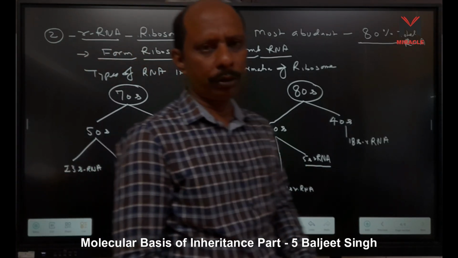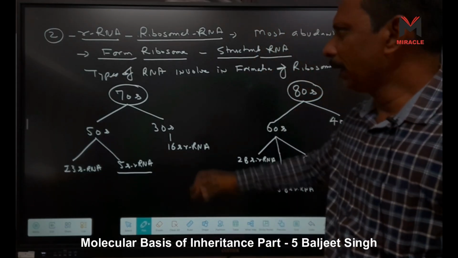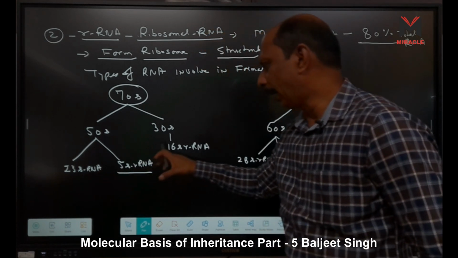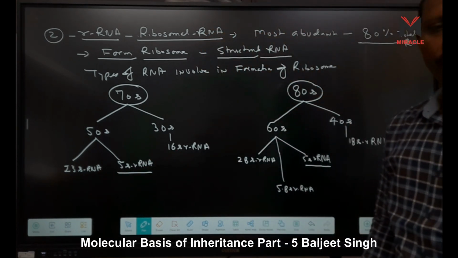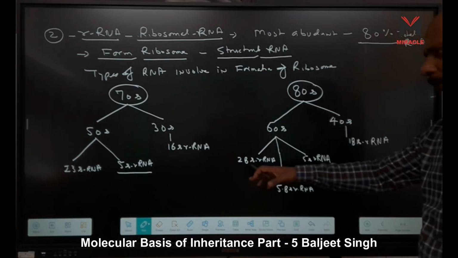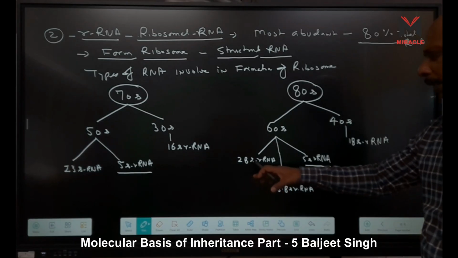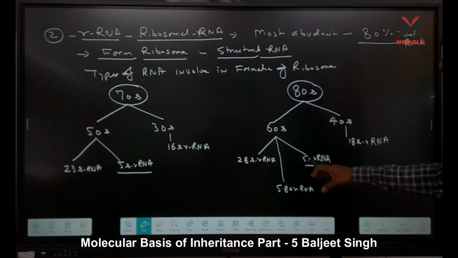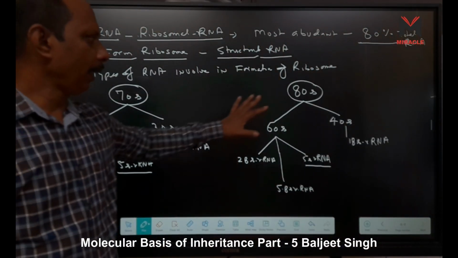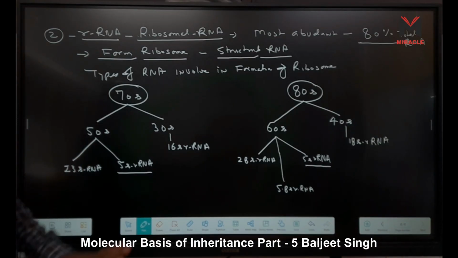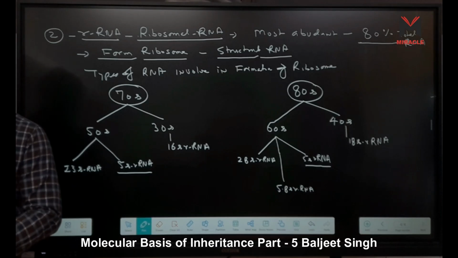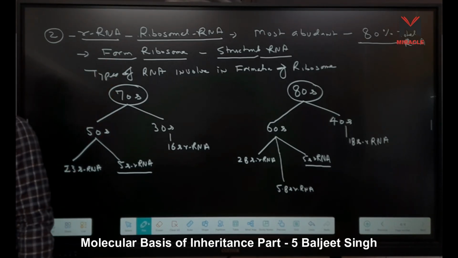This one is common in both, right? In prokaryotic ribosomes, three types, 23S, 5S and 16S ribosomal RNA, are involved in the formation of ribosomes, right? But in case of 80S, how many? 4 types are there. 28S rRNA, 5.8S rRNA, 5S rRNA and 18S rRNA are responsible for the formation of 80S ribosomes.